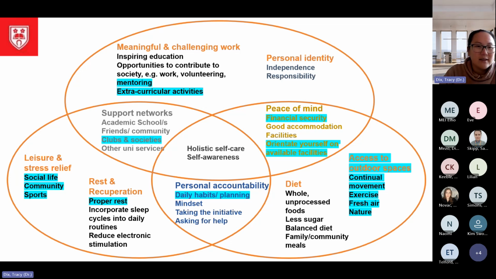So in terms of social life, sports, extracurricular activities, but also financial security to think about how you can afford to engage in the sport of your choice. But also when you come to university, you might want to orientate yourself on the available facilities so you know you can participate, when you can do so, and work that around your timetable.